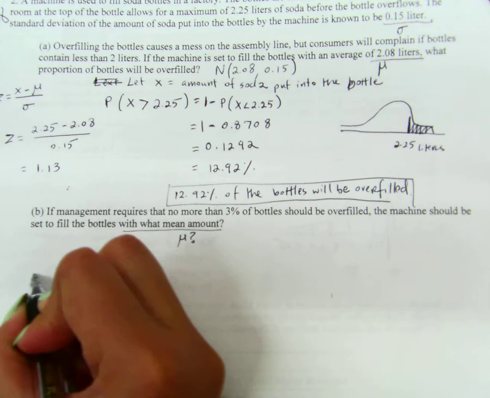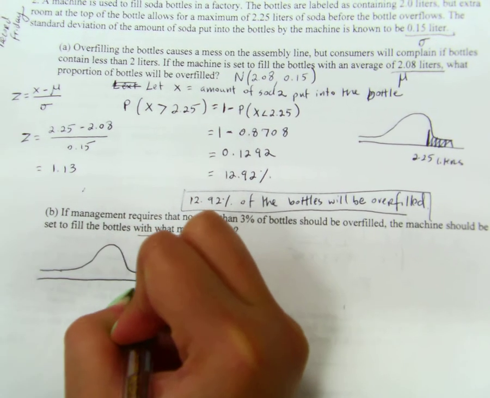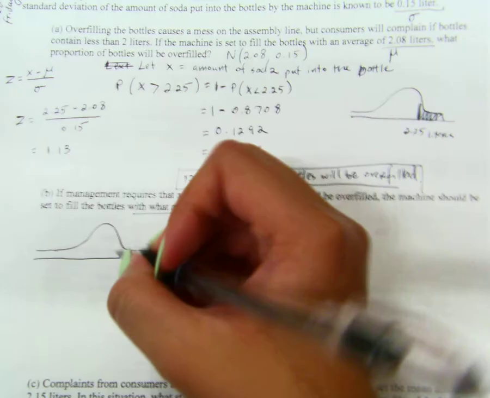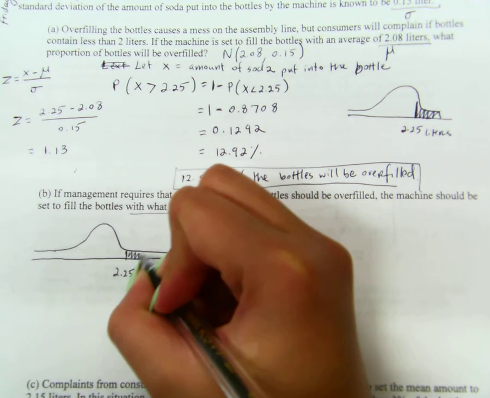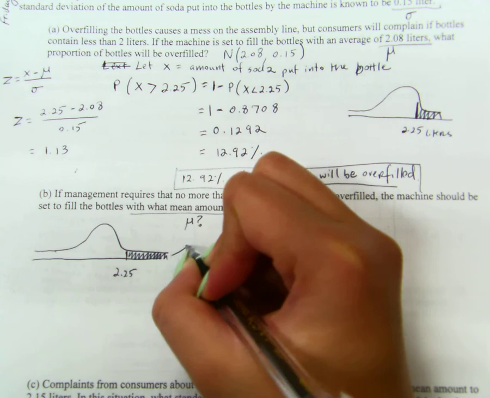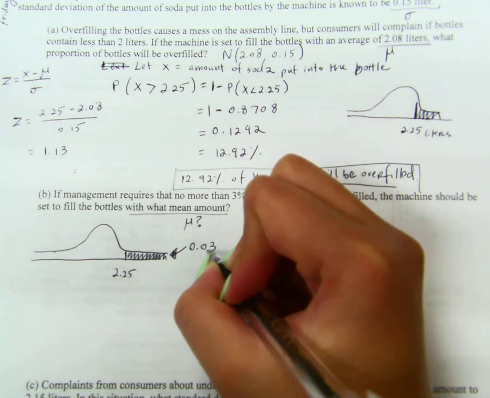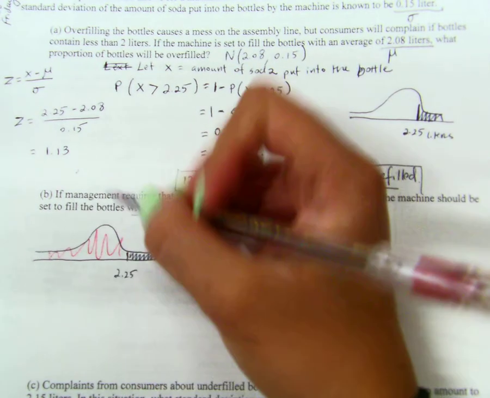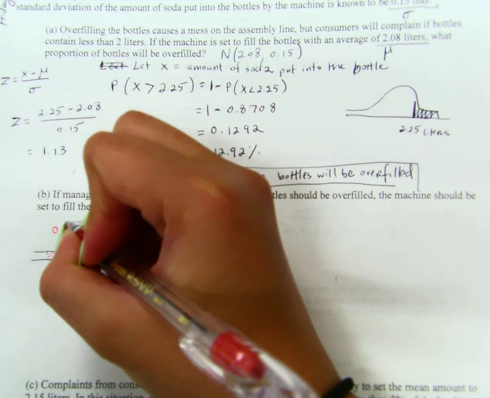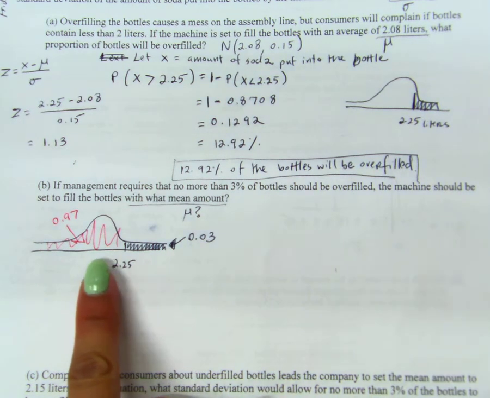So let's draw a picture so that we can try to solve for this problem. Being overfilled is at 2.25 liters. I want this part to be 0.03, which means that the area below, which is 0.97, is going to be the percentage of bottles that are not overfilled.